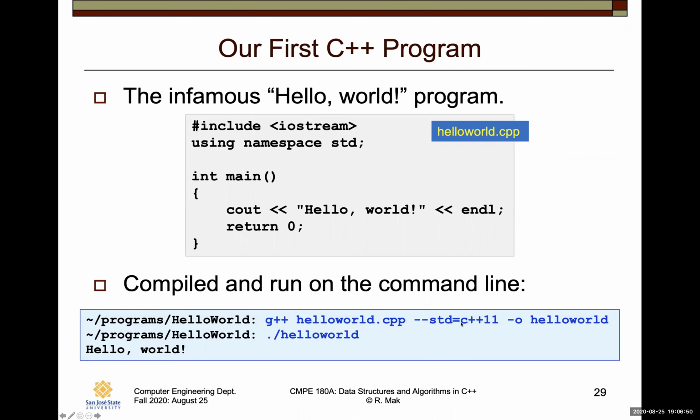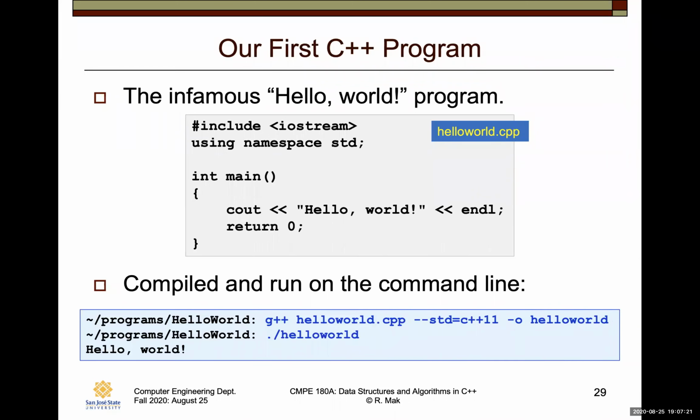We're going to run the version 11 version of the compiler, so we're going to say --std=c++11. And when the compiler compiles this program, we want the executable file to be named helloworld. The -o stands for the output of the compiler.